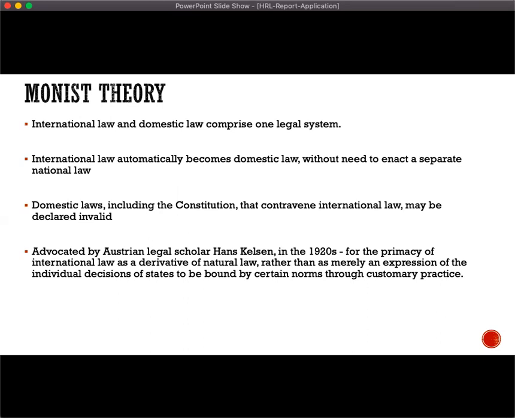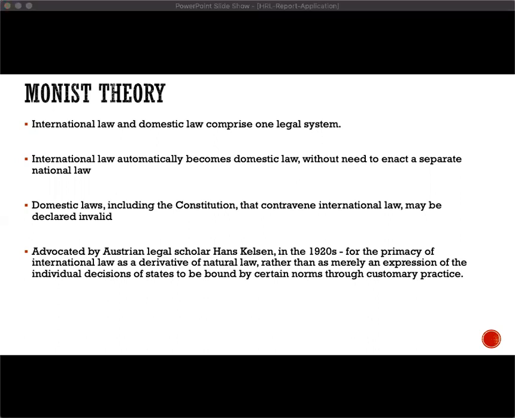The main advocate for the monist theory was Austrian legal scholar Hans Kelsen in the 1920s. According to Kelsen, there is a primacy of international law as a derivative of natural law, rather than merely an expression of individual decisions of the states to be bound through a customary practice.